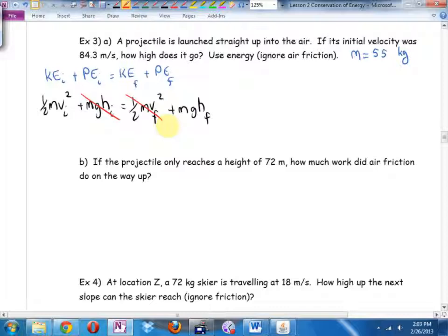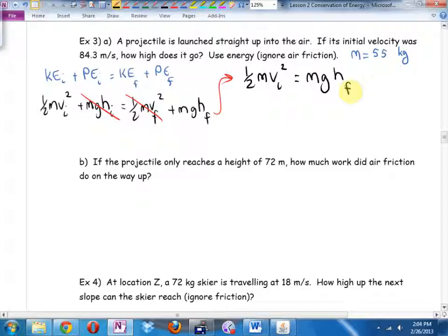Two of those values in this case are 0. Your initial potential and your final kinetic. So I get this, a half mv initial squared equals mgh final.